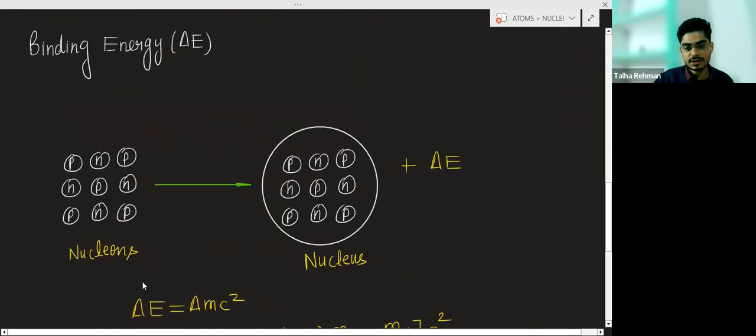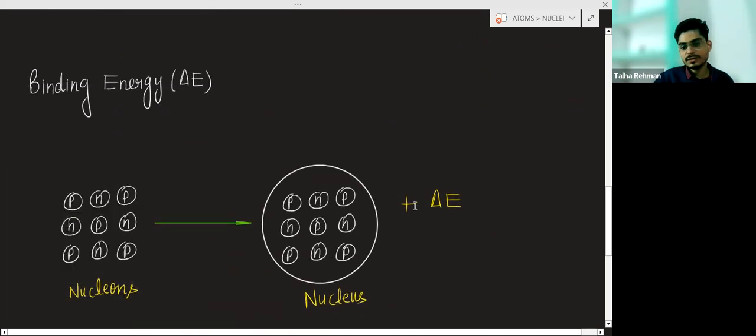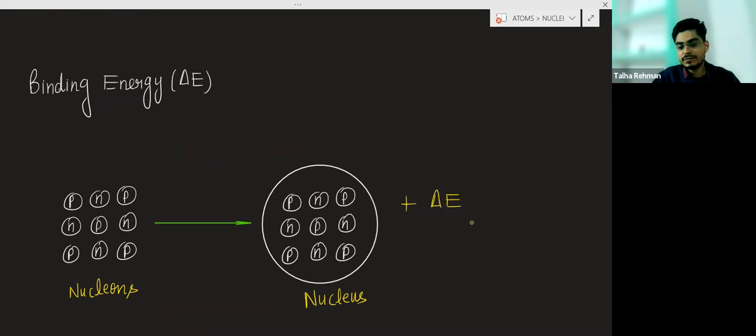These are nucleons, this is the nucleus. So there will be the mass defect. Due to that mass defect, this delta E energy will be released according to E equals mc square.